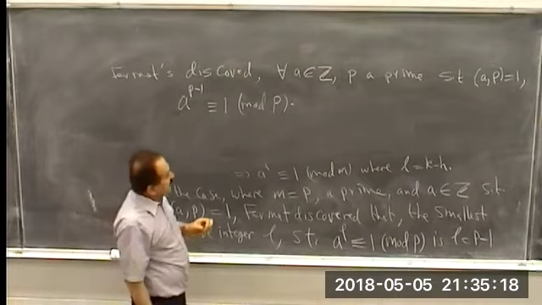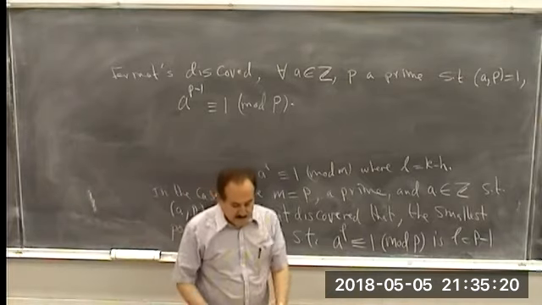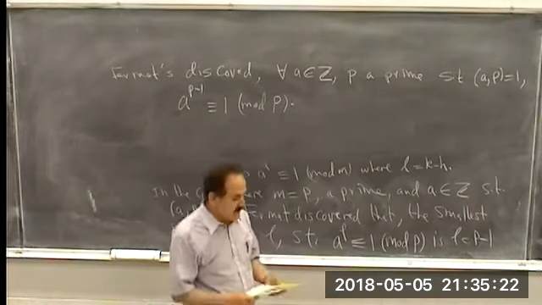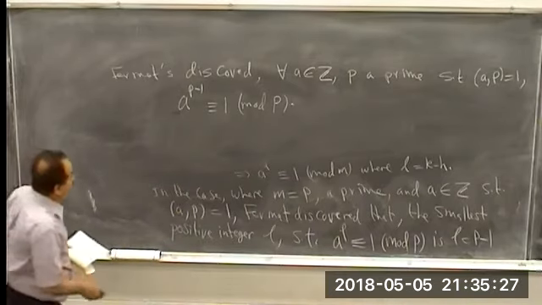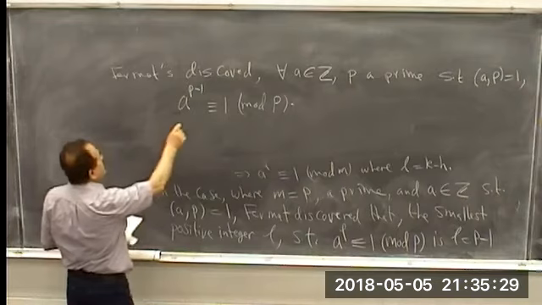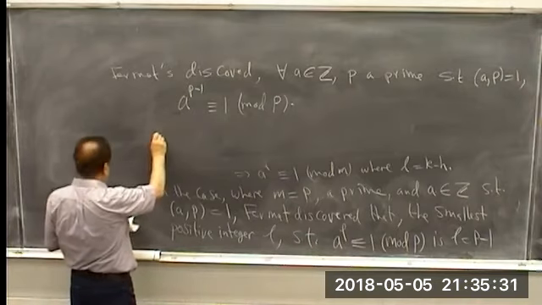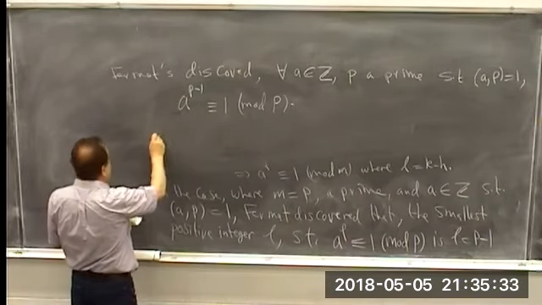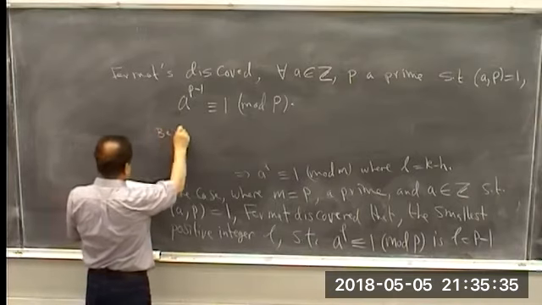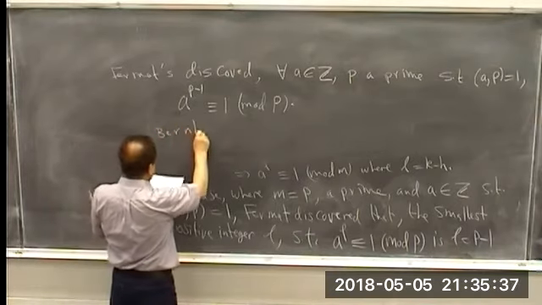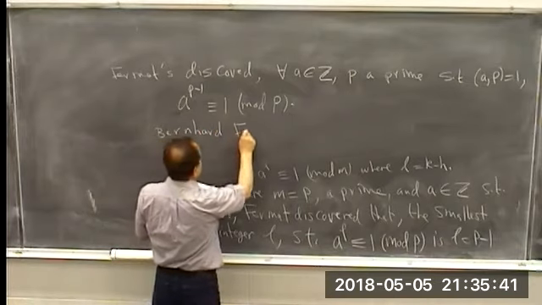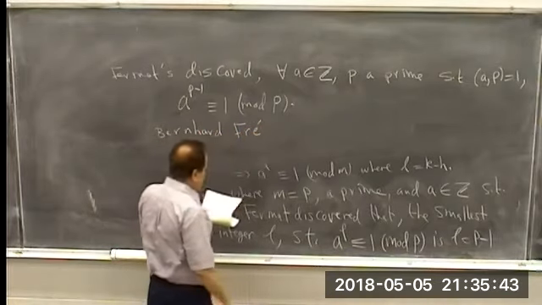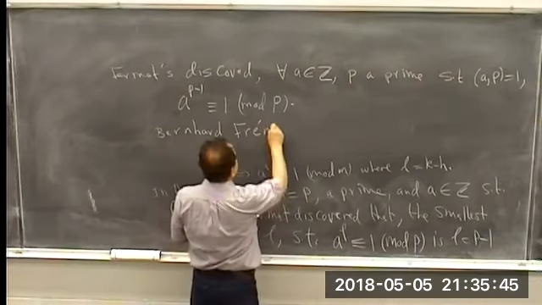Now, Fermat communicated this discovery to his friend, Bernard, in a letter, okay? I'm going to write just the name. I don't want to pronounce it because I don't know how to.